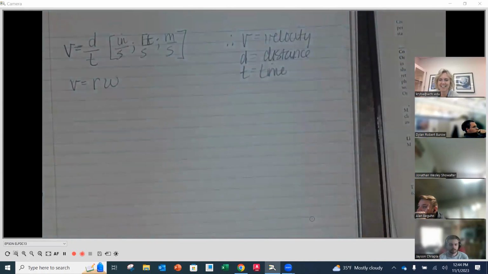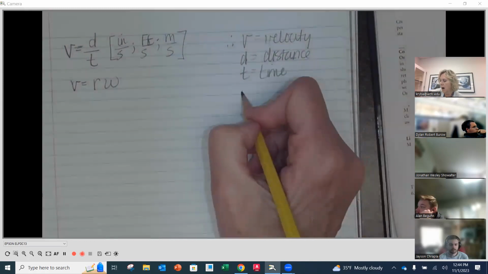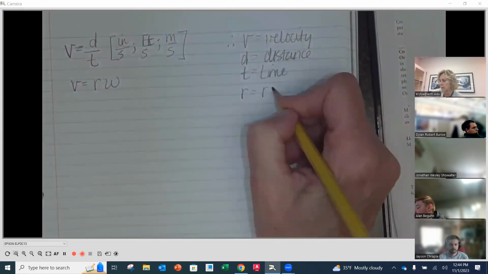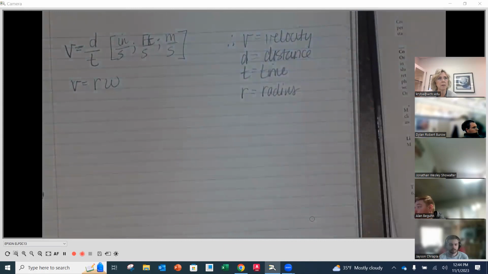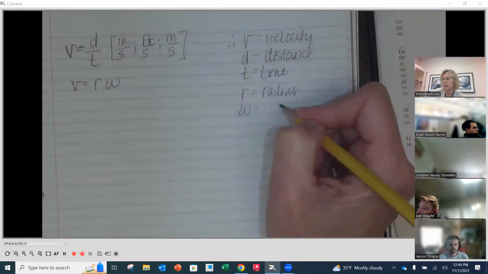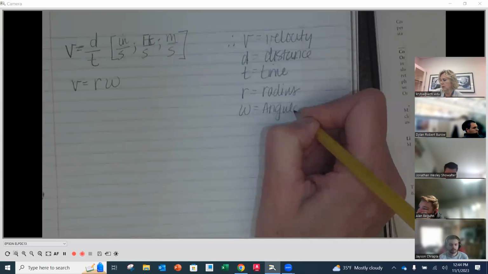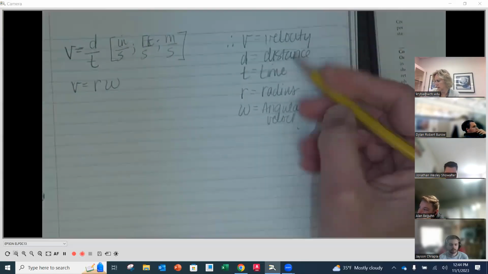And now down here, V is still velocity. R, lowercase r, not uppercase R, is going to be radius, in reference to the radius of rotation. And then W is going to be angular velocity.